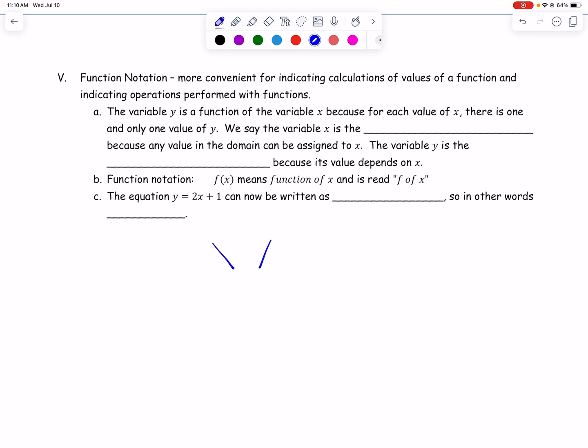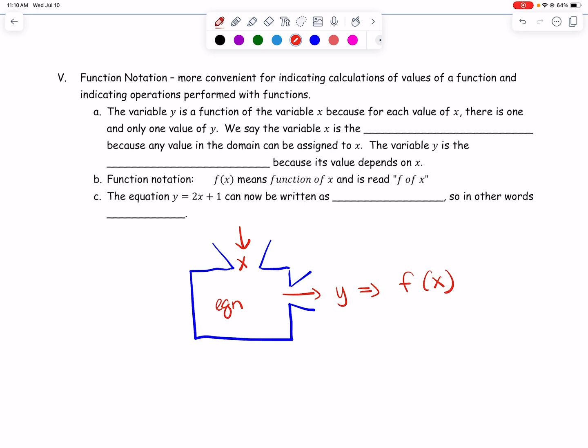So we've got this machine here that looks like this, and we are going to input an x value here, and we're going to do our calculation. This is our equation here, and then we're going to output our y value, but instead of writing y, we're going to write f of x, okay?